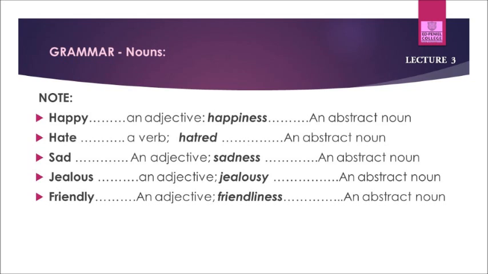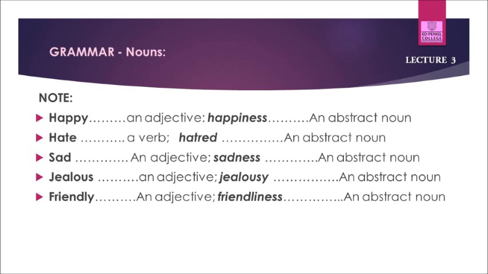Happy is an adjective. So I can say the boy is happy. In this context, the word happy is what? An adjective. But happiness is the abstract noun we're talking about. Hate is a verb. Hatred becomes the abstract noun. Sad is an adjective, as in the boy is sad. Sadness is the abstract noun we're talking about.